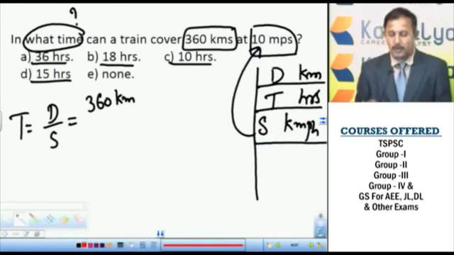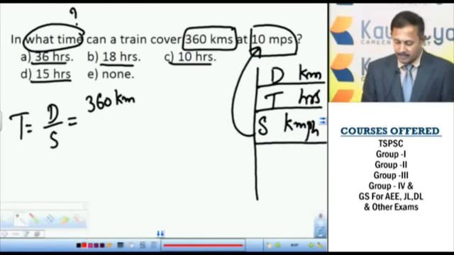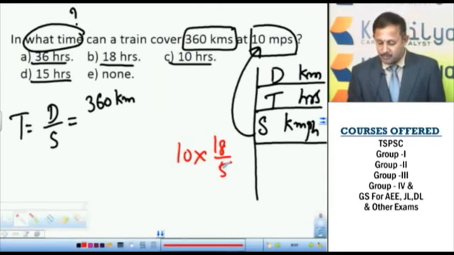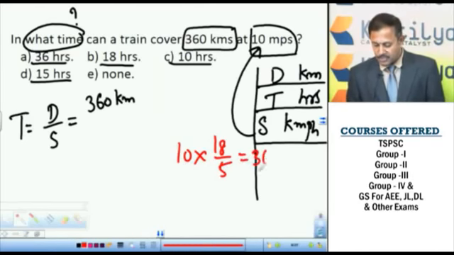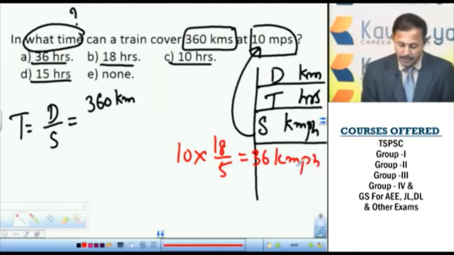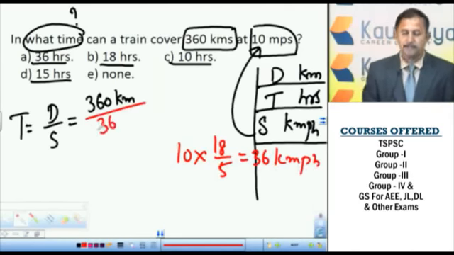So first of all you have to convert the speed from meters per second to kilometers per hour, which can be obtained as 36 kilometer per hour. That is to be applied in the formula.